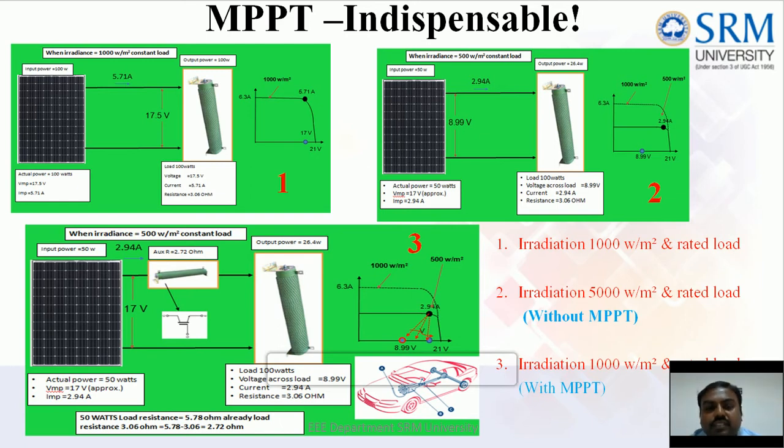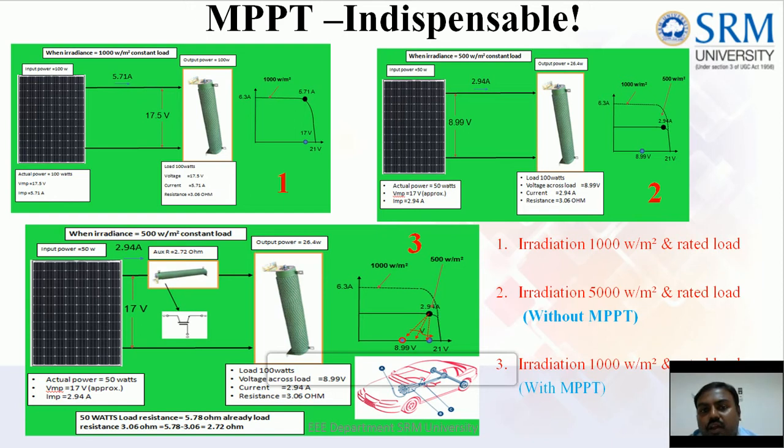That means 17.5 divided by 5.7 will be my optimum RL, so that my PV panel will operate at maximum. In that way, I have found that my resistance value is 3.06. So when I have a resistance of 3.06, there is no such problem. I can extract the maximum 100 watts available.